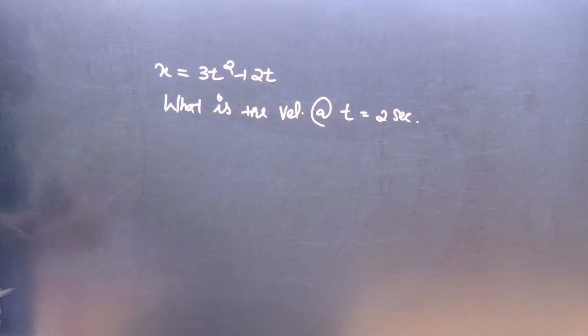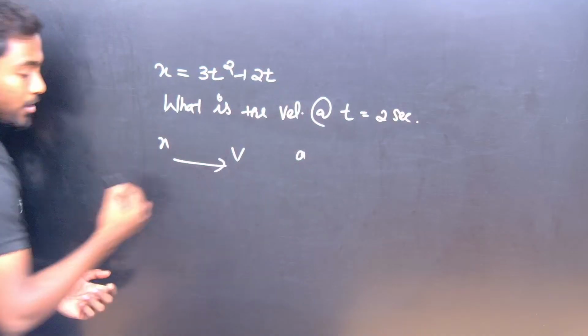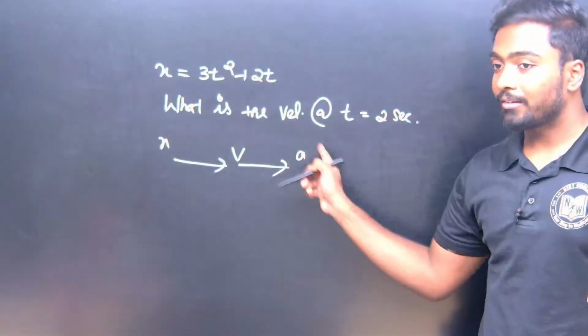Keep in mind, whenever position is given and they are asking velocity, use differentiation. Position to velocity is differentiation, velocity to acceleration is again differentiation. Position to acceleration is double differentiation.